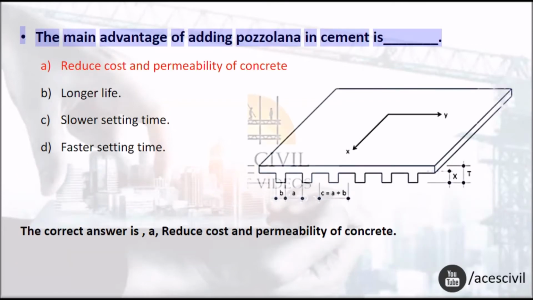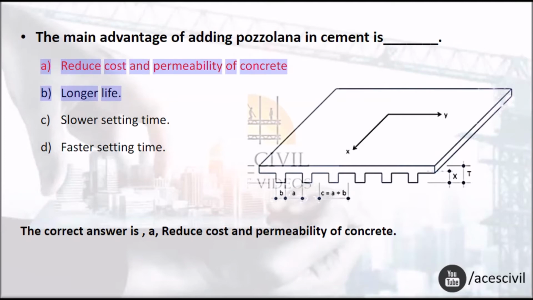The main advantage of adding pozzolana in cement is A. Reduce cost and permeability of concrete. B. Longer life.